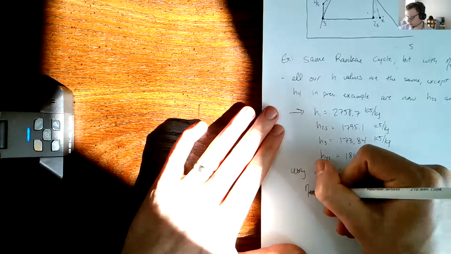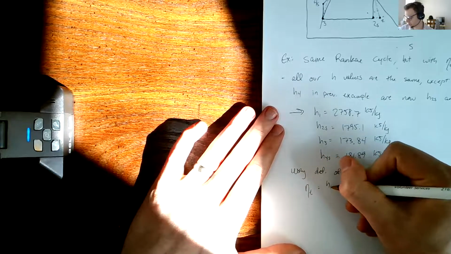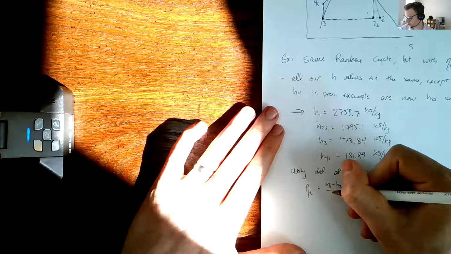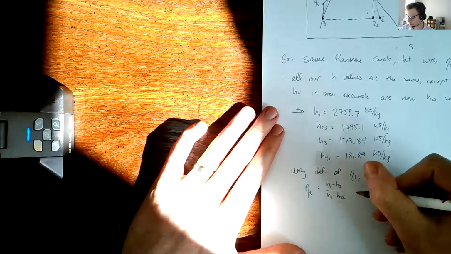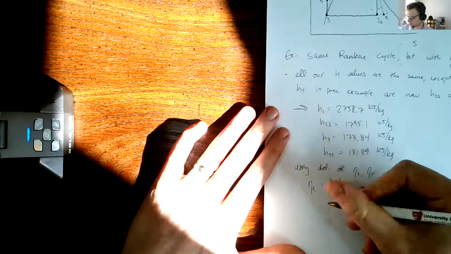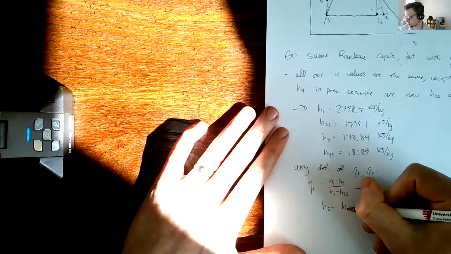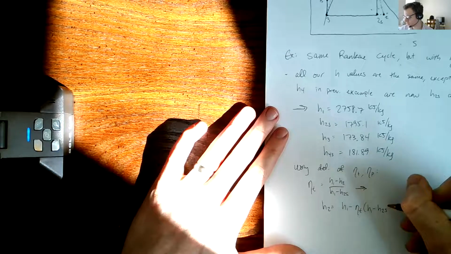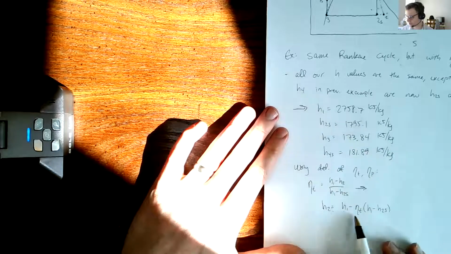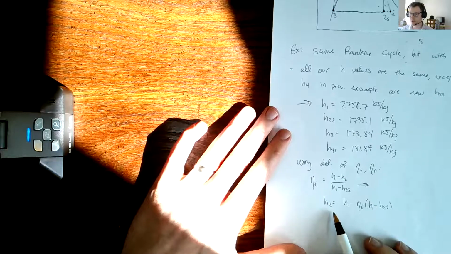So let's do the turbine first. So eta_T is defined as (H1 minus H2) over (H1 minus H2s). I can solve this for H2, and I get H2 equals H1 minus eta_T times (H1 minus H2s). I have all these numbers now, so I can just plug in and solve for H2.